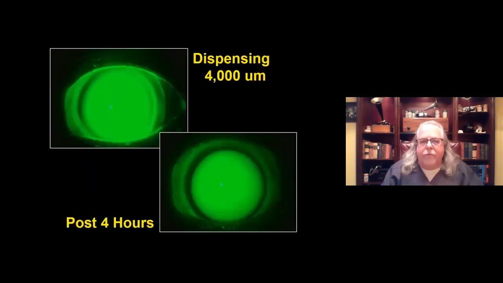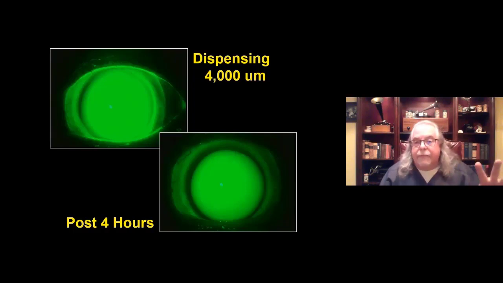And this is the one where we're going to need to adjust, usually to create a little bit of additional clearance in individuals. Here we see a lens at dispensing, and you can see the faint thinning of fluorescein in the area of the peripheral cornea.